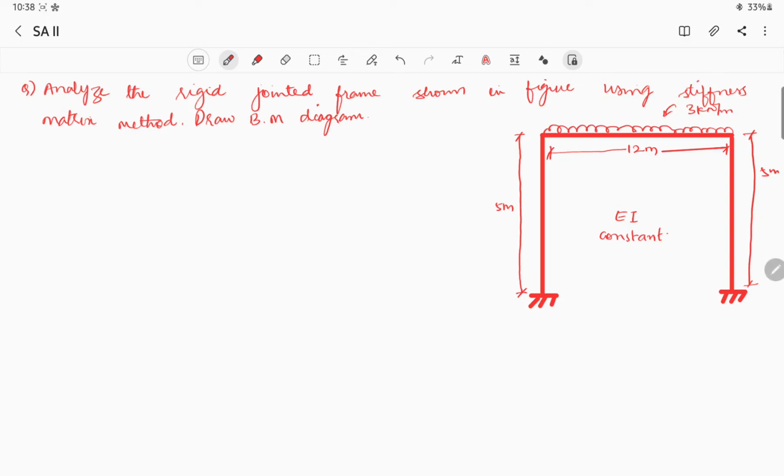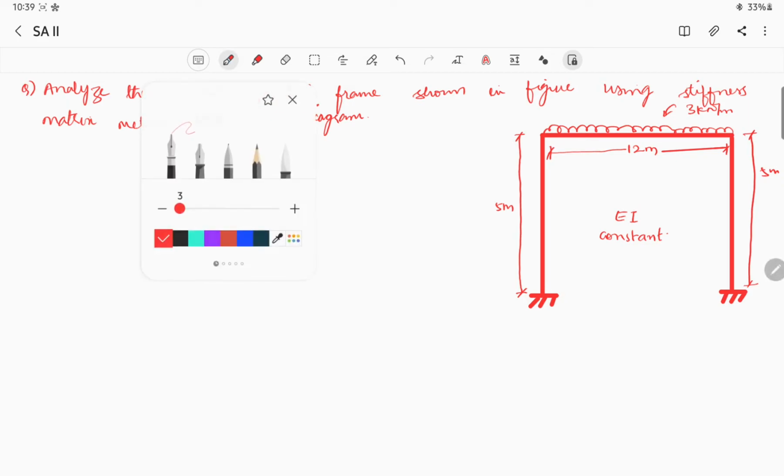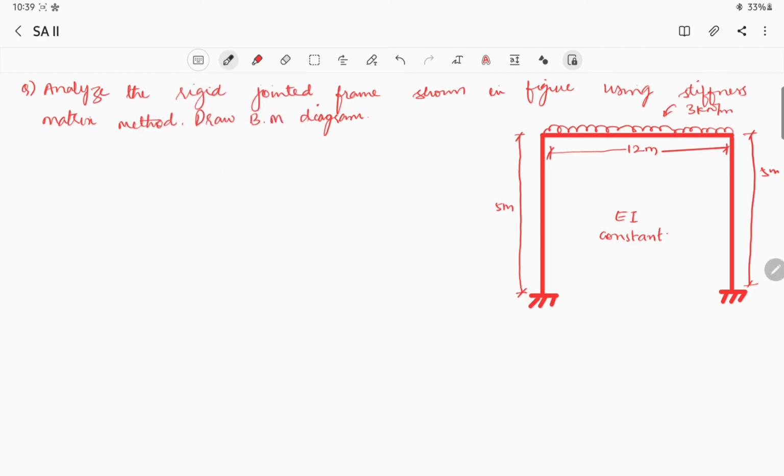In stiffness matrix method, the very first step which we do is the calculation of rotations or slopes.